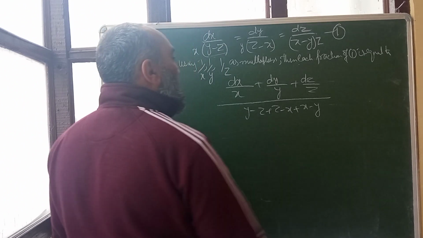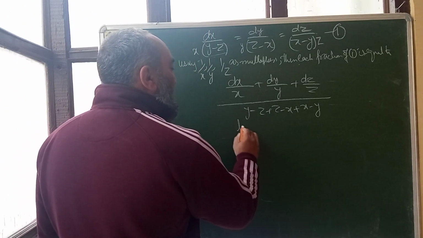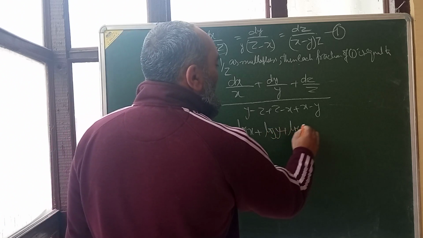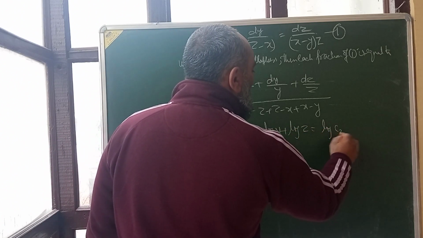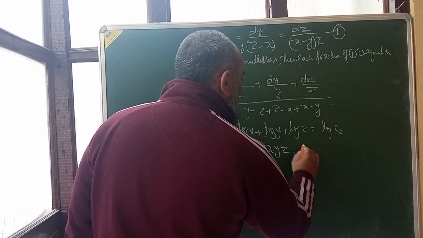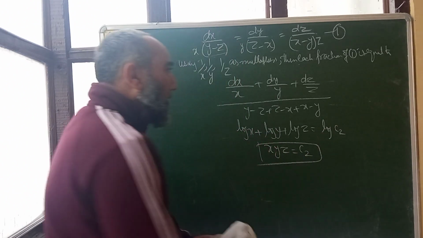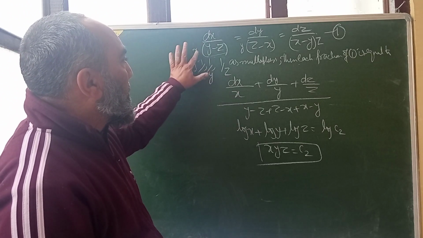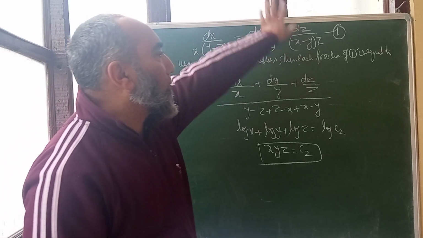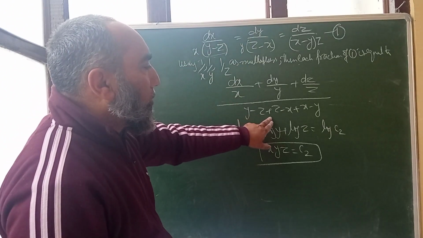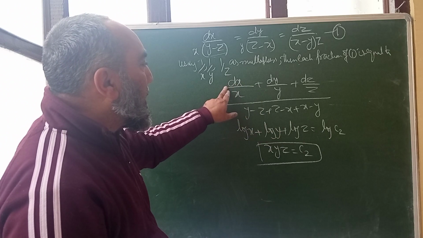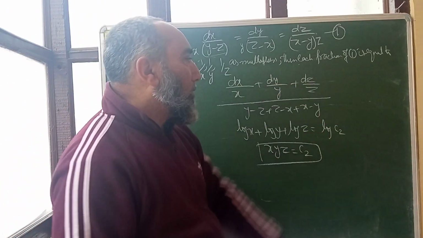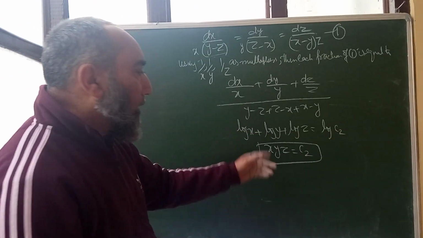So the denominator is 0, so is the numerator. This gives log x plus log y plus log z equals log of c2. So xyz equals c2.